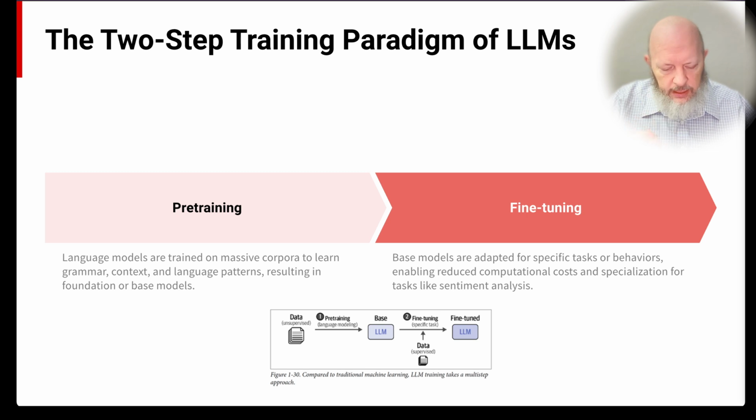Then what we do is we take this model and we want to fine tune it. We want to optimize it. A lot of what I do is take these base models and fine tune them for disease prediction. How do I do that? Well, I look at certain diseases, neurodegenerative diseases of the mind, not of the actual body, like heart disease, end stage kidney failure, things like this.